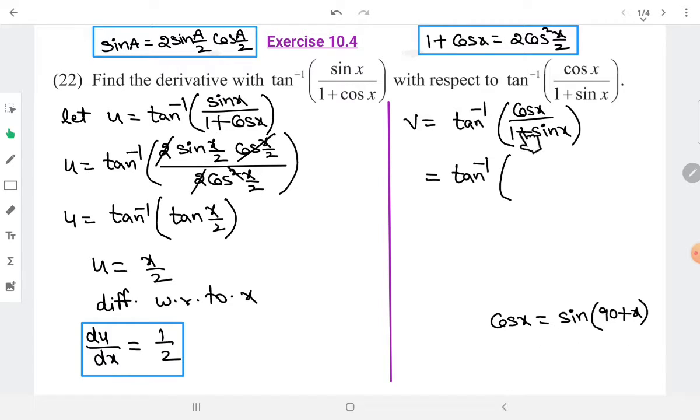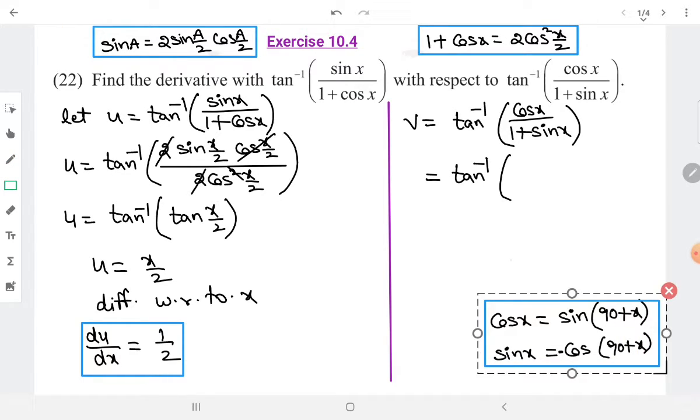And in place of sin x, if you want to write it with the same angle, cos 90 plus x is nothing but minus sin x, so put minus here. We are going to use these two formulae for the second case.